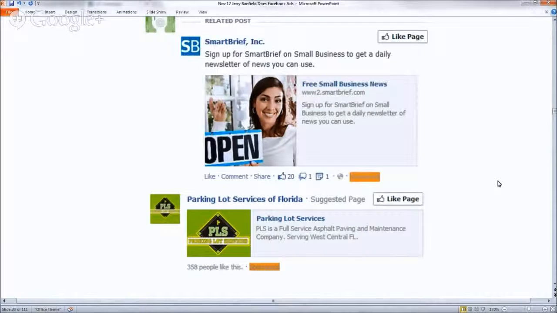I hope the comment and the share was at least maybe the person that posted the ad, or maybe someone else. Who knows? They're offering free small business news. Why would I want free small business news when their engagement's so low that my potential trust or belief in their ability to give me news I can use, which they say they offer, is very low?